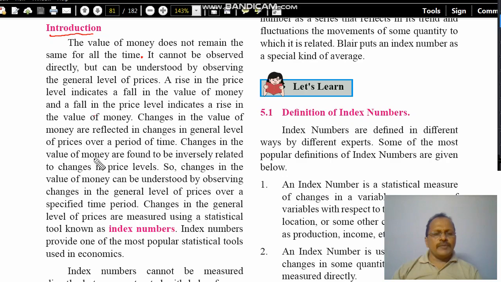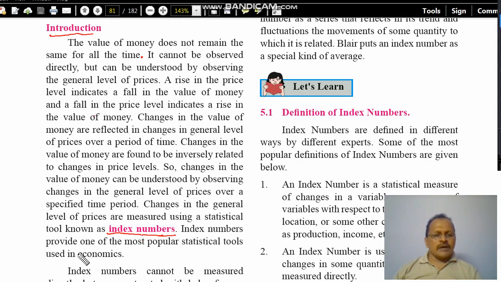Changes in the value of money are found to be inversely related to changes in price levels. So, changes in the value of money can be understood by observing changes in the general level of prices over a specified time period. Changes in the general level of prices are measured using a statistical tool known as index numbers.